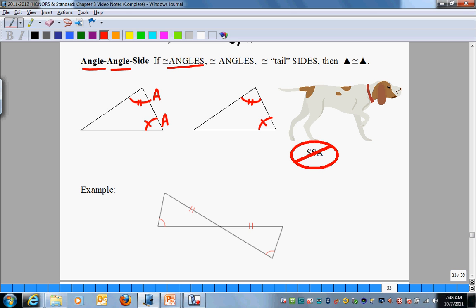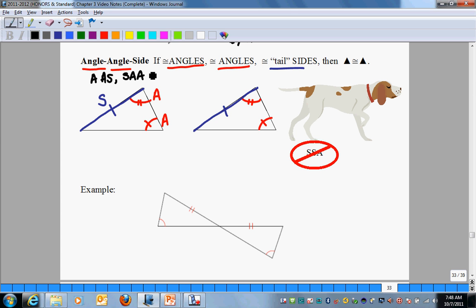So we have a pair of congruent angles and another pair of congruent angles. And then what's going to be called a tail side. A side that's not sandwiched between the two distinct angles, but it's the tail of one. So we're going to trace it here. This shortcut is called angle, angle, side. You could also call it side, angle, angle. It doesn't matter which way you call it or which direction you go.